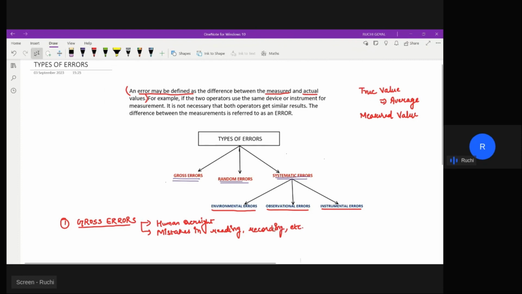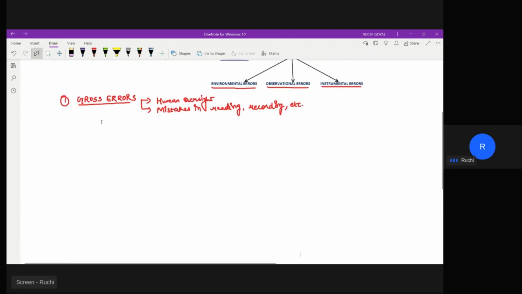We can take an example. I have measured some reading from the instrument, and I read 23 as 28. So this is a human error, a kind of gross error.